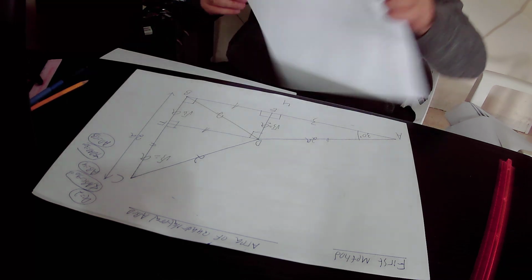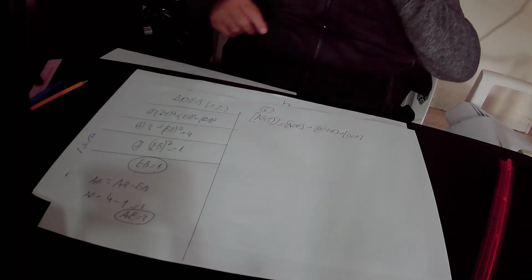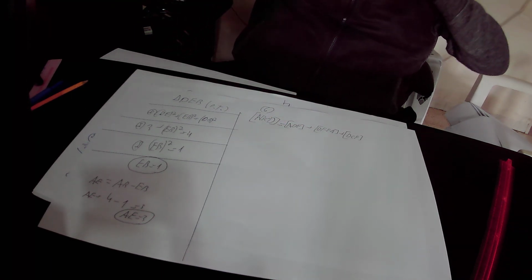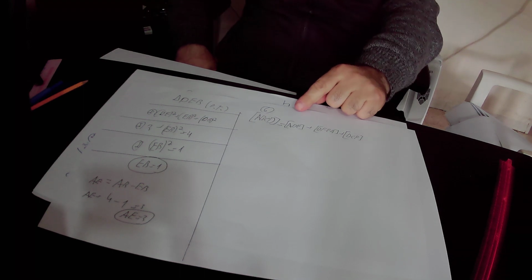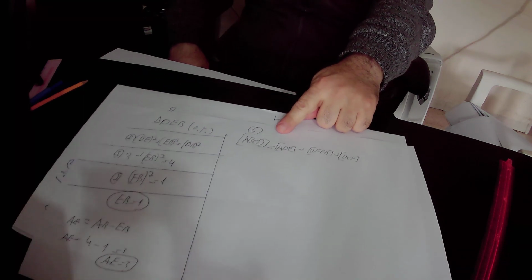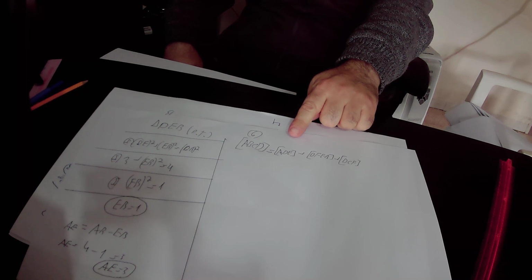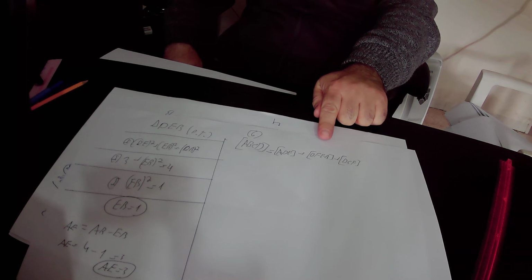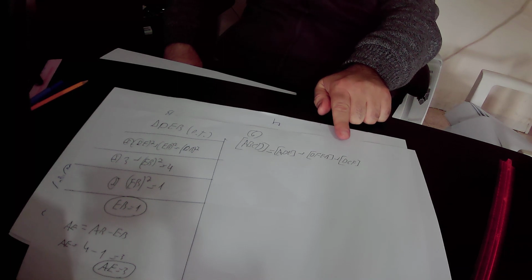I'll repeat again. The area of quadrilateral ABCD will be equal to the area of triangle ADE plus the area of rectangle DFEB plus the area of the right triangle DCF.